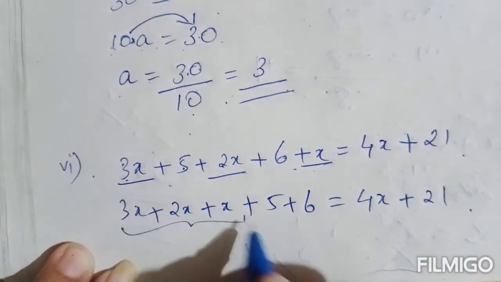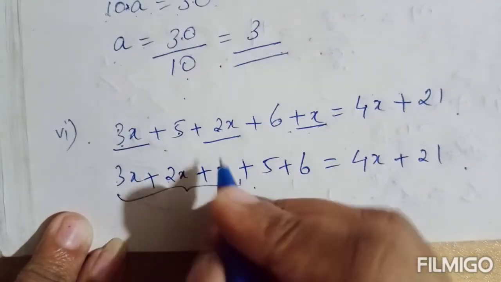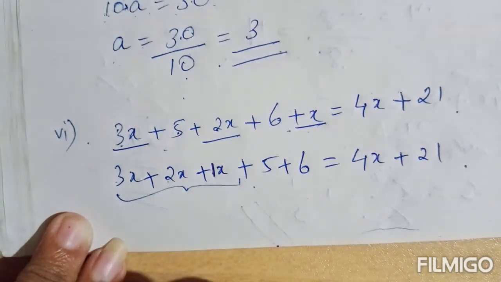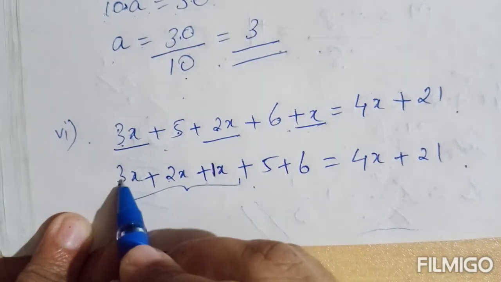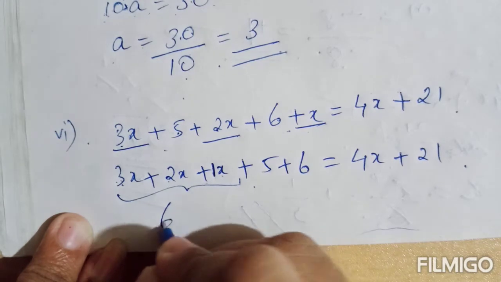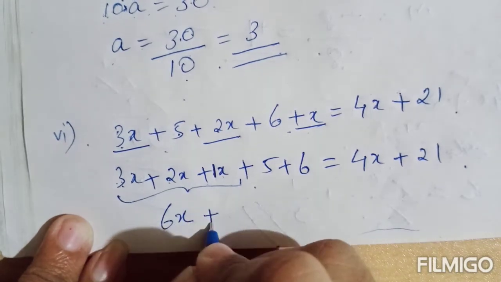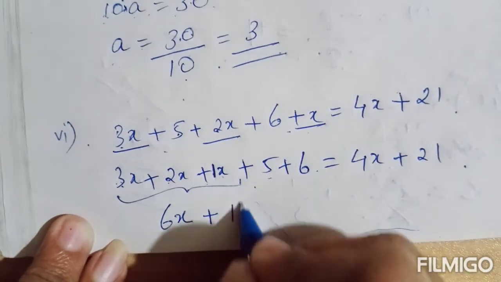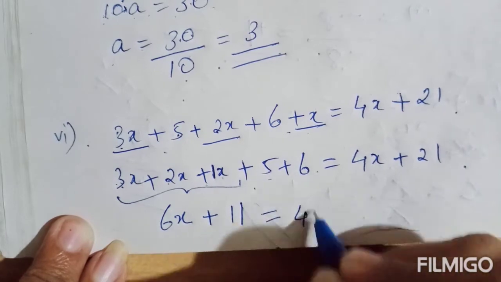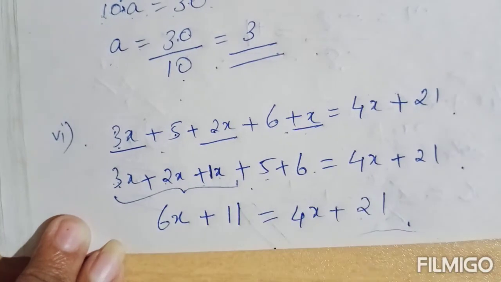Now these like terms we can add. 3x plus 2x plus 1x. On adding, what you will get: 3 plus 2 is 5, 5 plus 1 is 6x, plus 5 plus 6 is 11, equal to 4x plus 21.